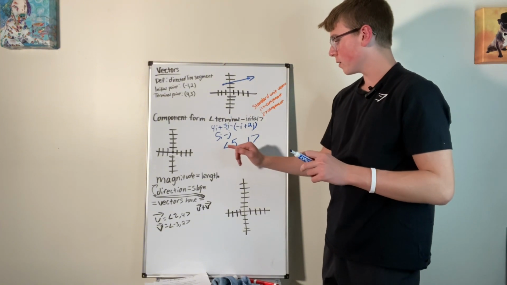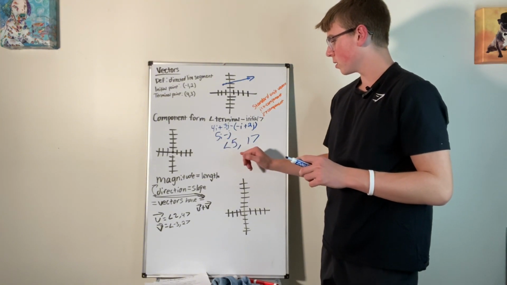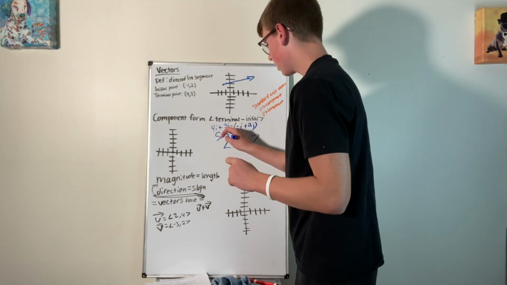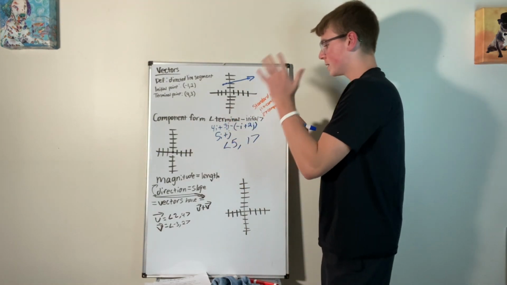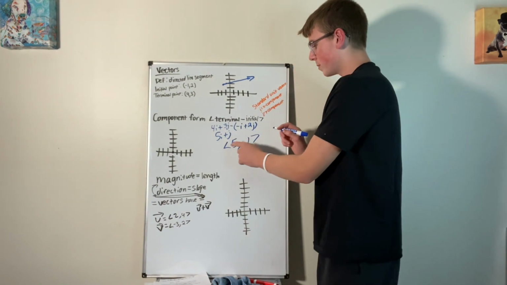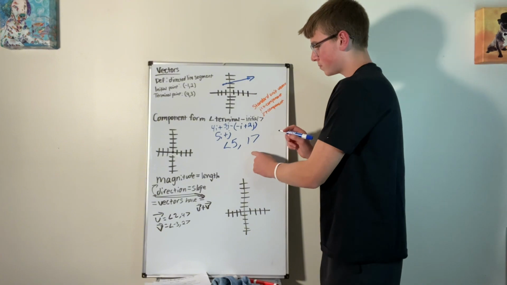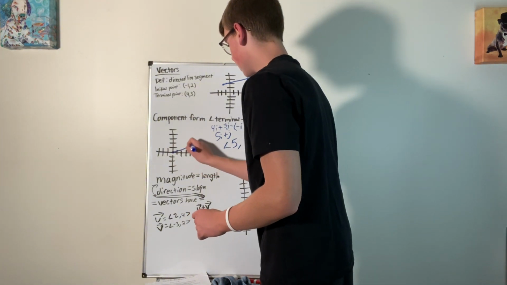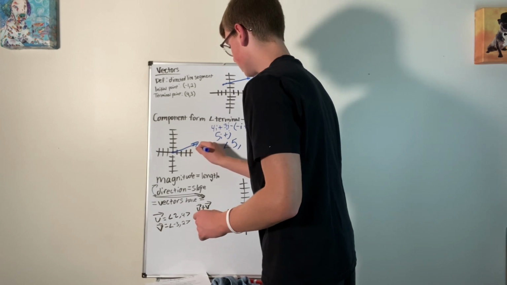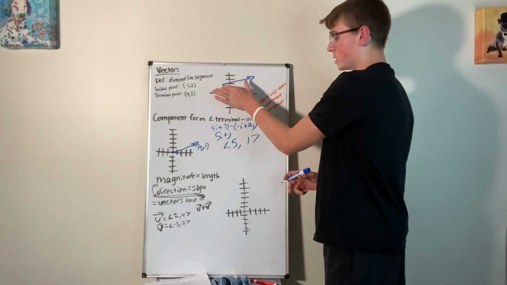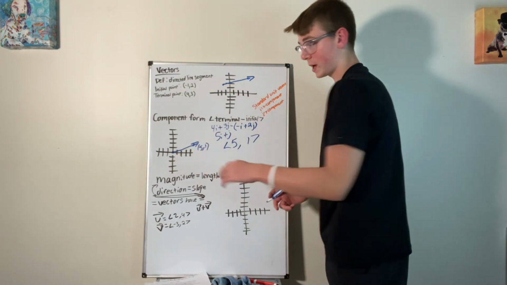So this will be caret 5, comma, this should be plus, sorry about that, 3 minus 2 is 1, not negative 1. So this will be 5, comma, 1. Then we go over 5, go up 1, and this is ours. You could just label that 5, comma 1. And you can see it's the same graph, but we just put it down starting at 0, so we just shifted the graph.